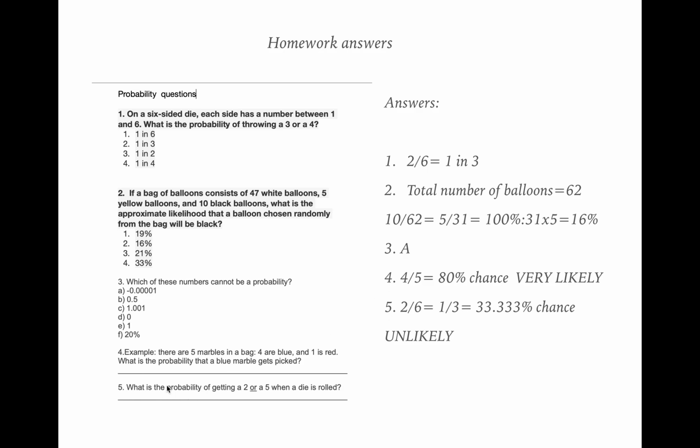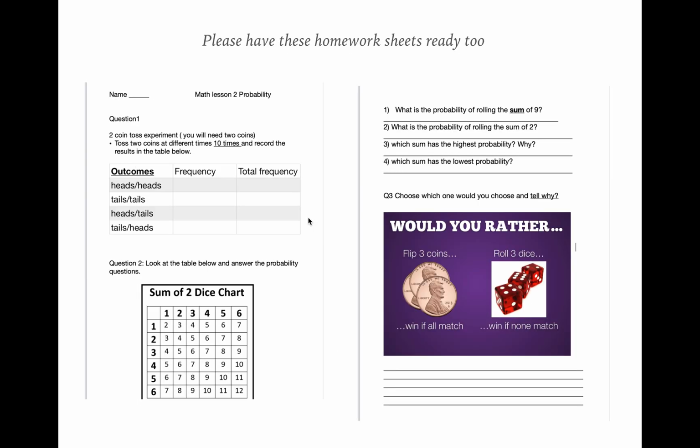And the last question, what is the probability of getting a 2 or a 5 when a die is rolled? This question is quite similar to question 1. So we can have 2 outcomes, 2 numbers, 2 or 5. So 2 over 6 possible other numbers, 1 over 3, or 33.333% chance. So it's unlikely. Okay, so this is your homework. You can pause it and check it.